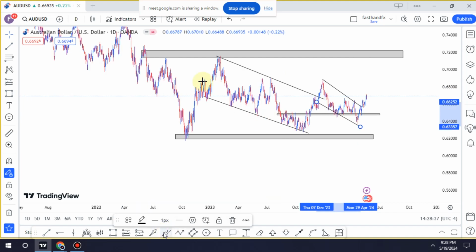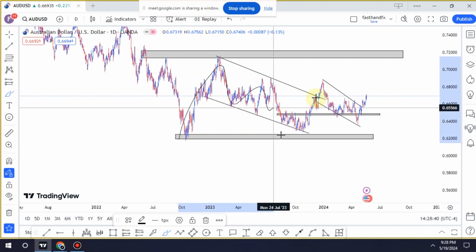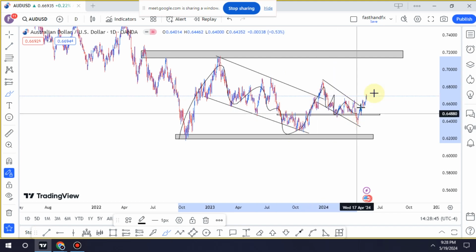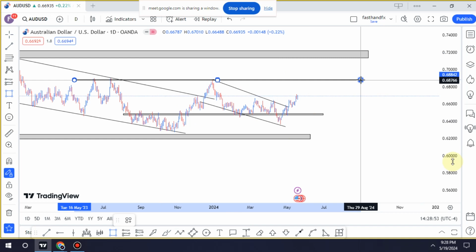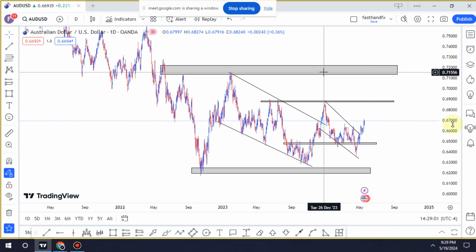Let me interpret: impulse, correction, then it broke out, then a bigger version of a correction, then we anticipate price to continue going all the way. And remember, we don't need to be greedy. Your first TP should be this level, and final TP should be this level right here.